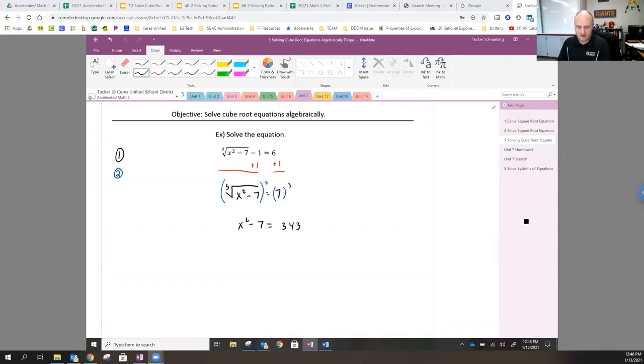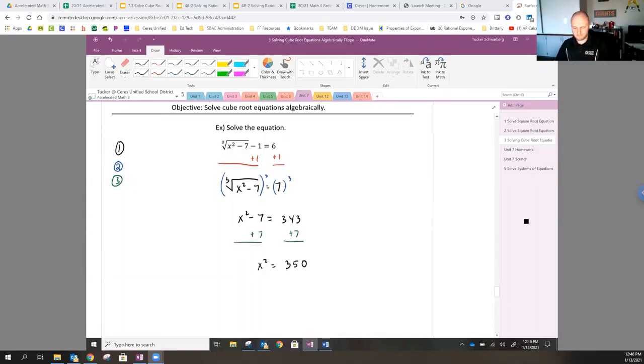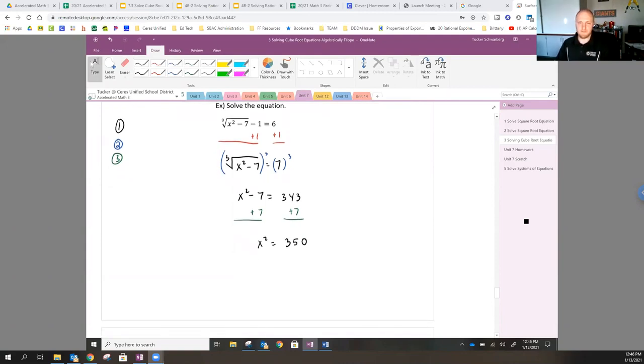Okay, now I just have to go ahead and solve. So I'm going to add 7 to each side, and we get x squared is equal to 350. About 350. Loch Ness Monster.